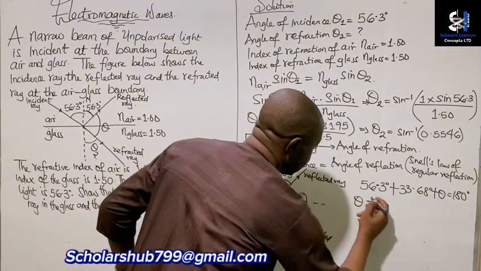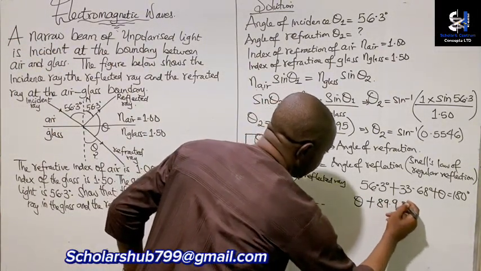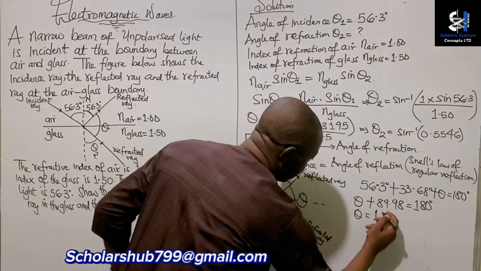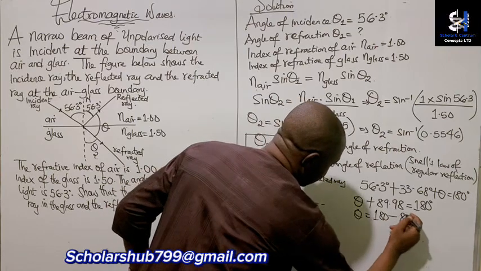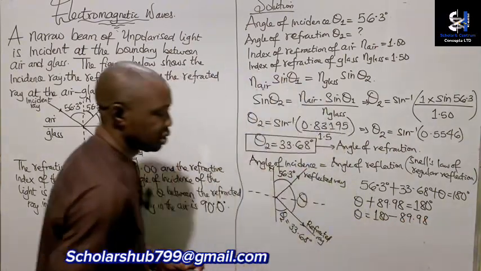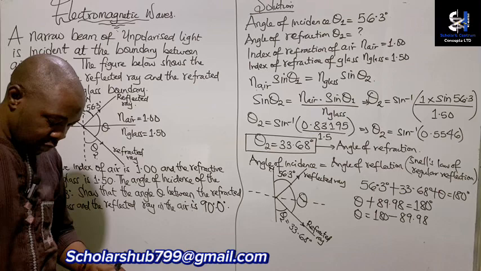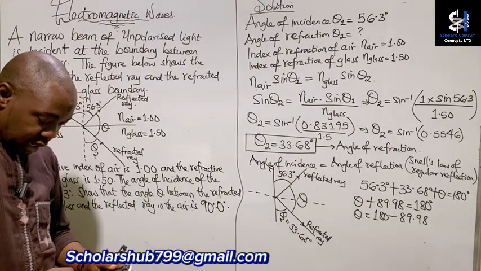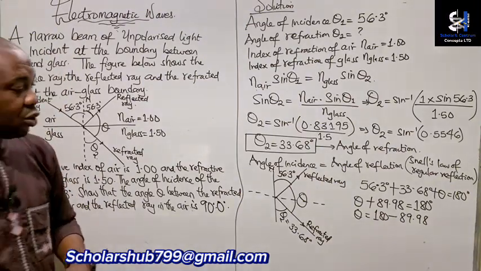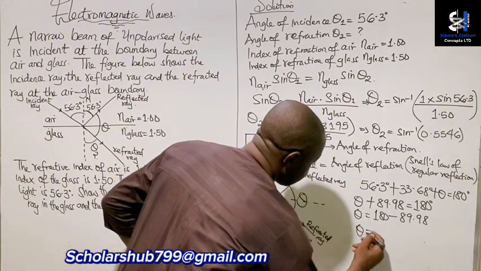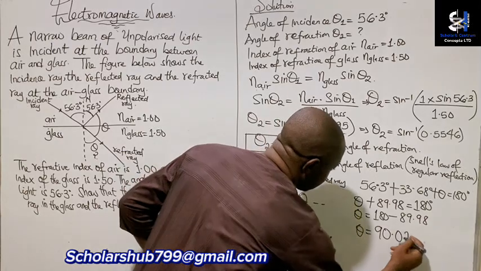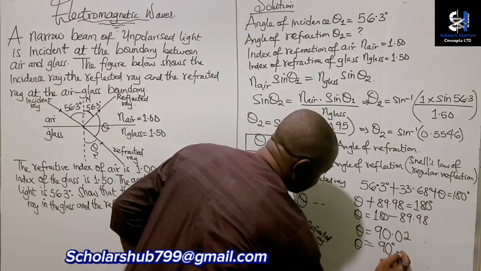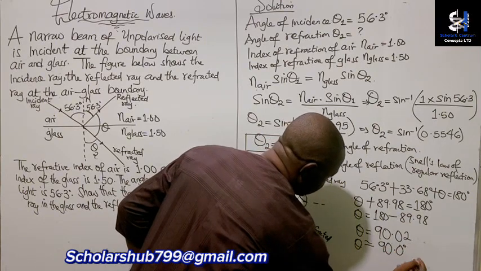So theta is 180 minus 89.98, which is 90.02. So theta is approximately 90 degrees.